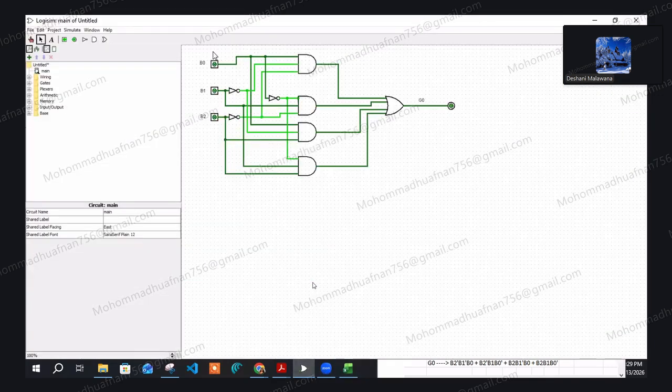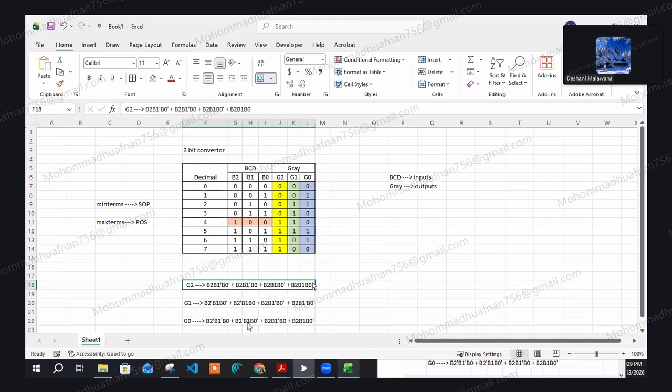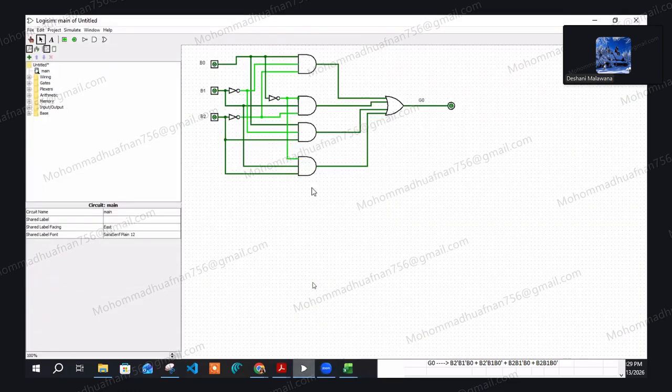Can you see that one? See, this kind of one will come for G1, G0. Then how about this one? G1 and G2. Also the same for this one, right? This kind of one will come after this one. Again, this kind of one. So the circuit will be a little bit big for this one.